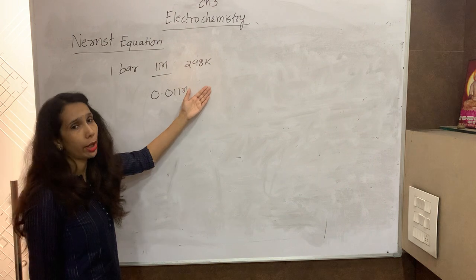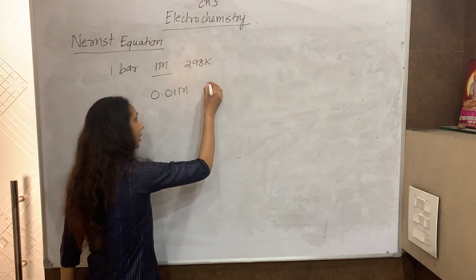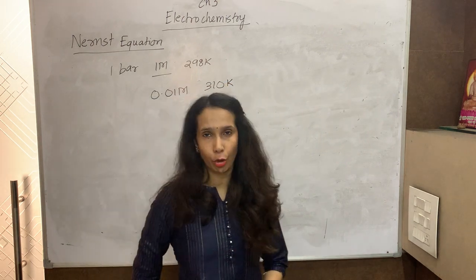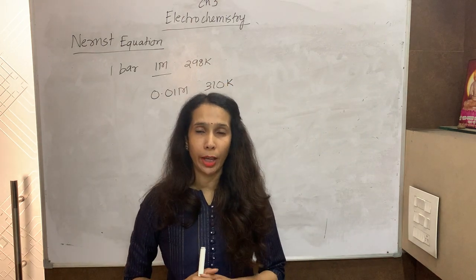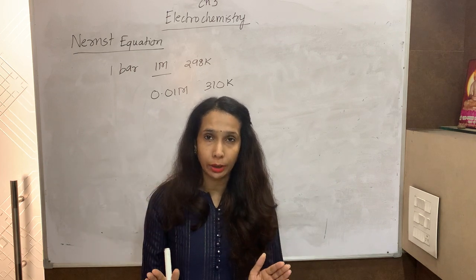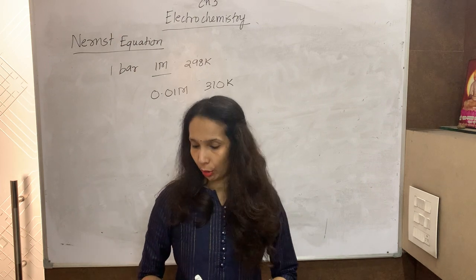If I change the temperature, if I carry out the reaction at, suppose, 210 Kelvin, then also our values will change. The Nernst equation helps us to calculate the electrode potential at any temperature and any concentration.